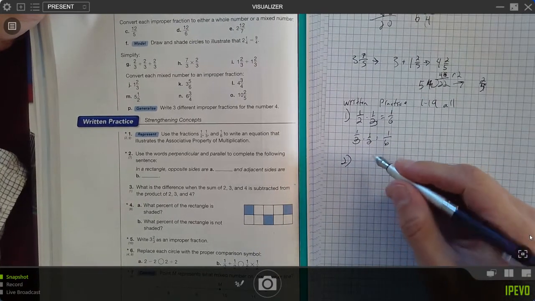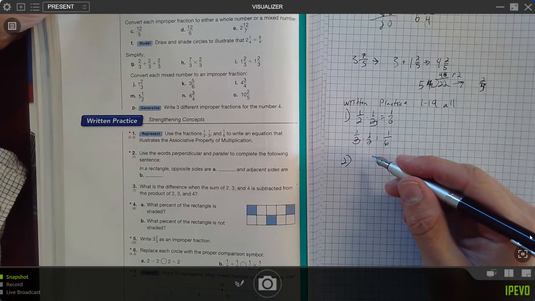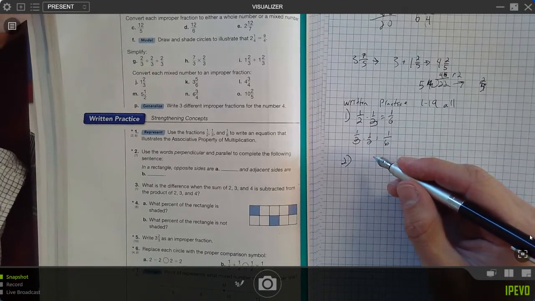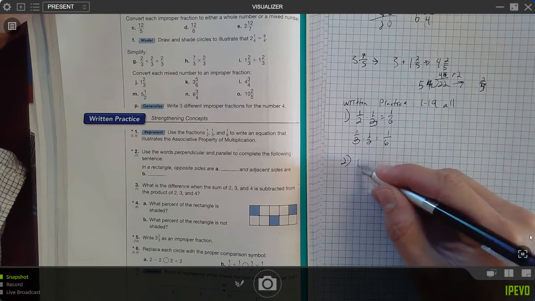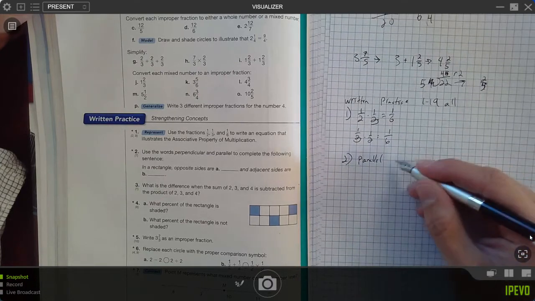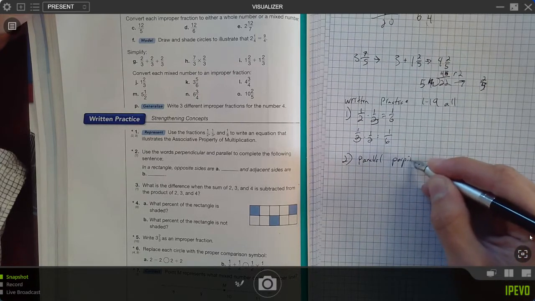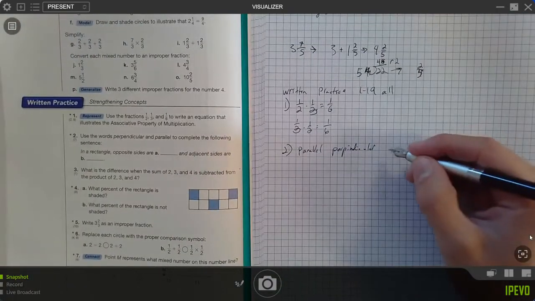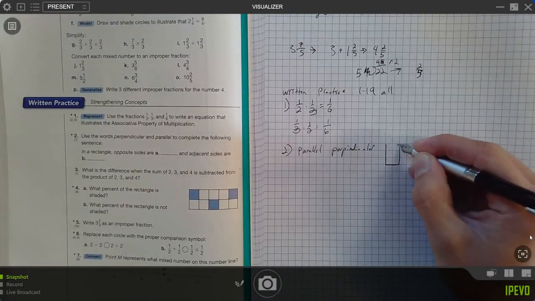Use the words perpendicular and parallel to complete the following sentences. In a rectangle, opposite sides are parallel and adjacent sides are perpendicular. And what that means is, so we have a rectangle, okay?